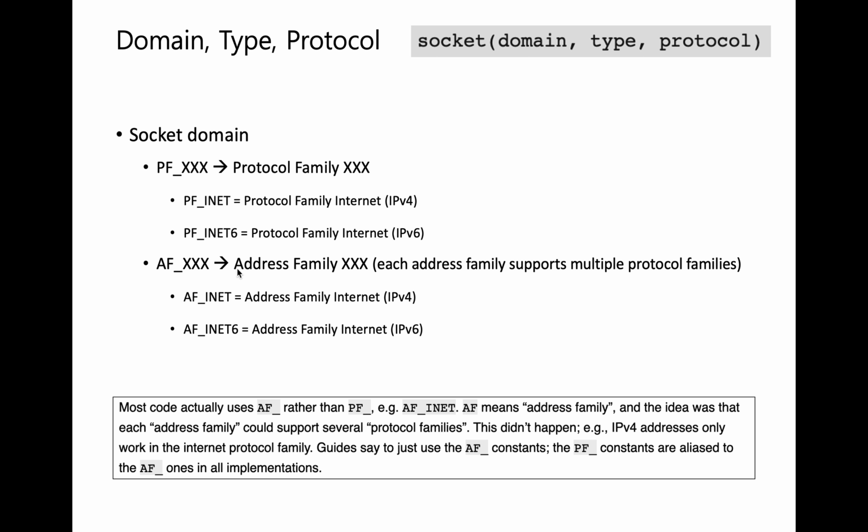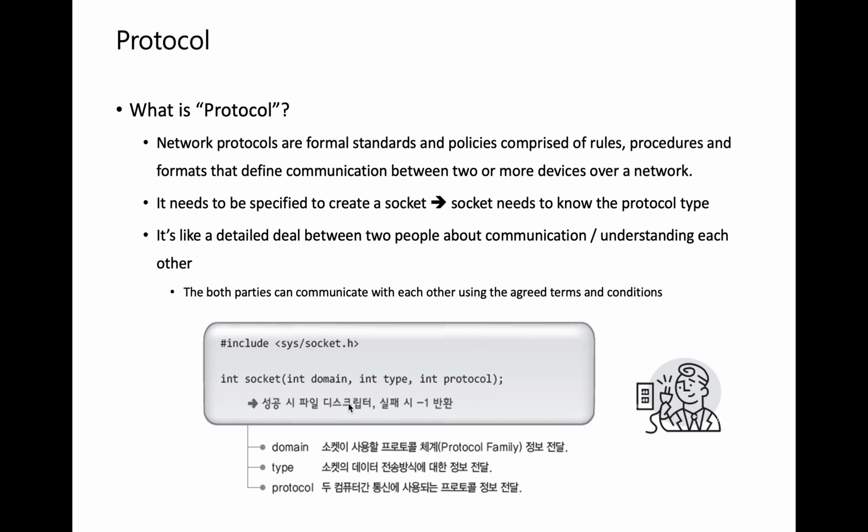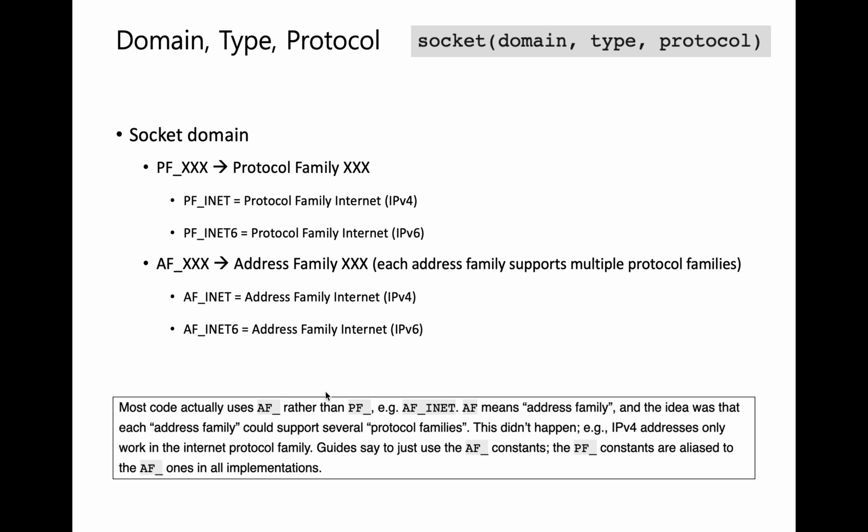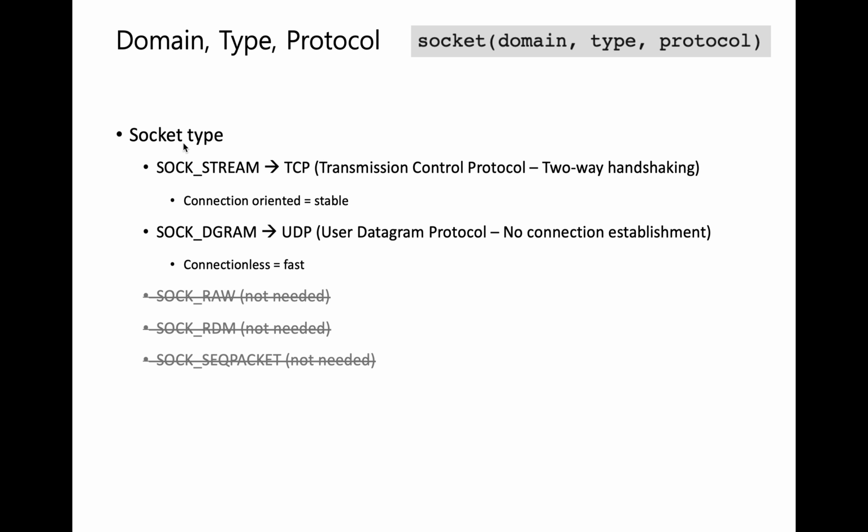So there is not much difference between providing PF_INET and AF_INET to the socket. What basically everyone uses is PF or AF_INET here. And if you want to use IP version 6, then go ahead and provide PF_INET6 or AF_INET6. It's totally up to you. And then the third argument is type, which is the socket type.